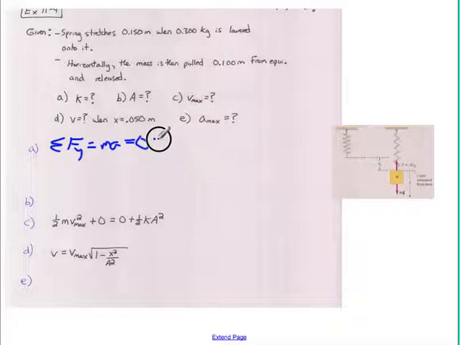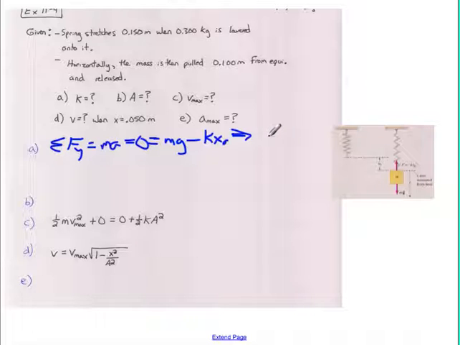So what are the two forces that we have here? Well, we'll take down as the positive direction, so we'll say mg, and then in the opposite direction we have that restoring force of the spring, kx. I guess they called it x0 because that's what it is at the beginning.